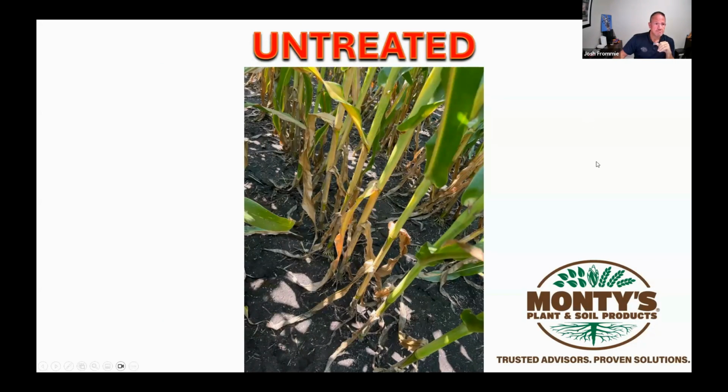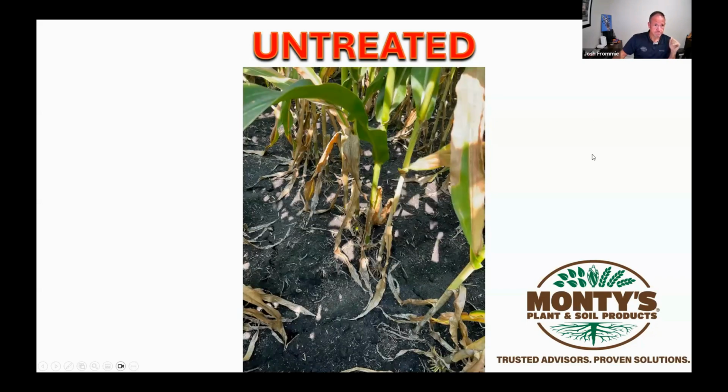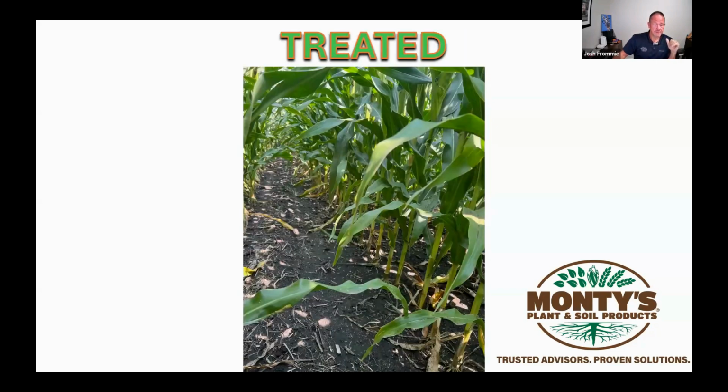Again, showing nitrogen deficiency there. This was throughout the untreated side of the field. And then we got over to the treated side of the field. Again, the only difference was adding a gallon of Monty's liquid carbon to the 32%. I mean, you're good and green all the way down to the ground.